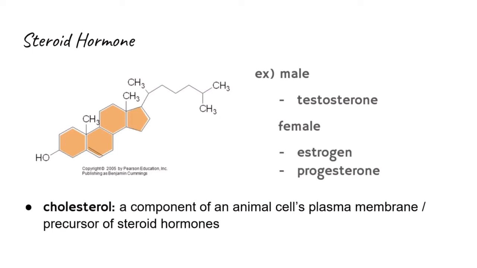The last kind of lipid that I will talk about is steroid hormone. Sex hormone would be another name for it. Cholesterol, which you might have heard before, plays a very important role for steroid hormone. Often people think that cholesterol is a bad thing, so we should put effort into eradicating it.